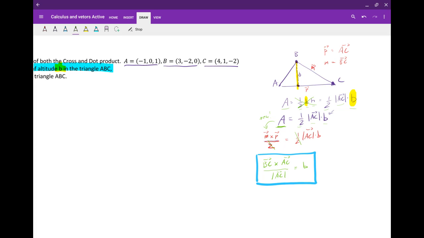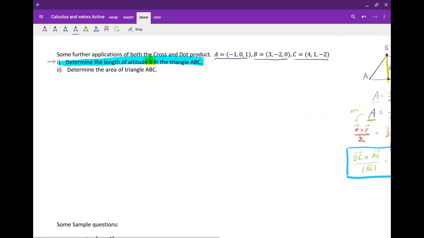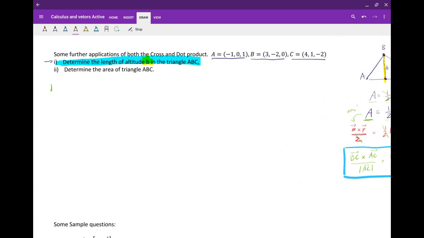The two sides have to be in vector form. One side I've called BC and the other side I've called AC. And so the answer B is BC cross AC over the magnitude of AC.